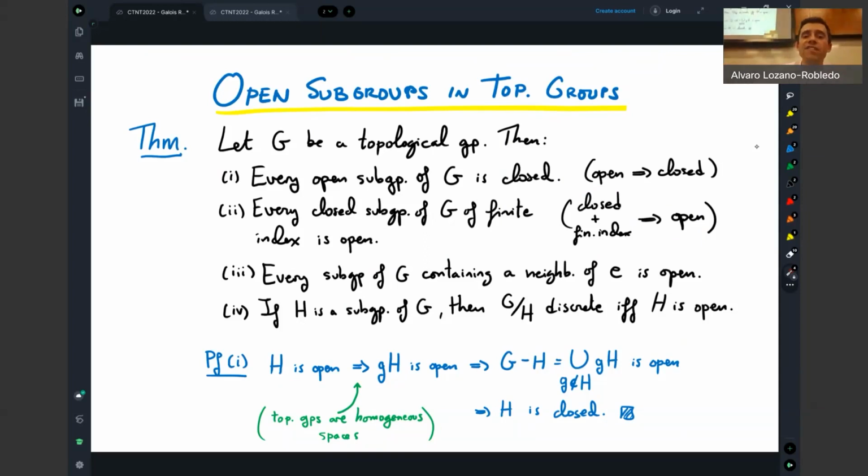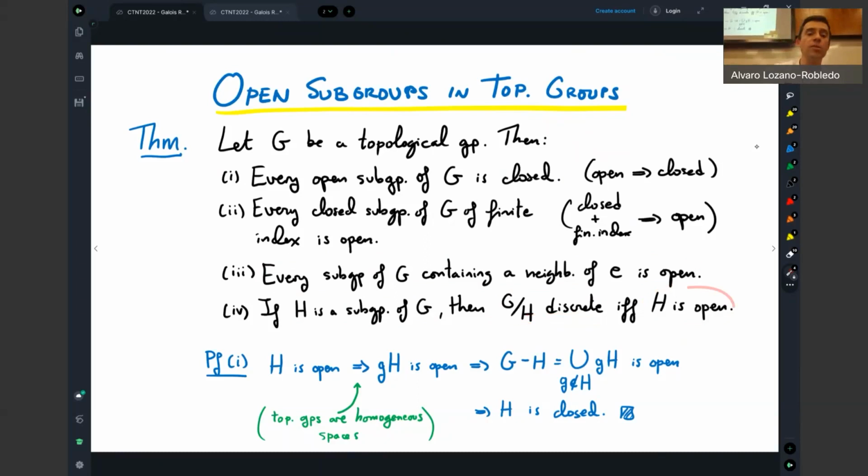In any case, every subgroup containing a neighborhood of the identity is open. So whenever I have an open neighborhood of the identity in my group, then that subgroup automatically has to be open. And also, if H is a subgroup of G, then the quotient G mod H, with the quotient topology, is discrete if and only if H is open.